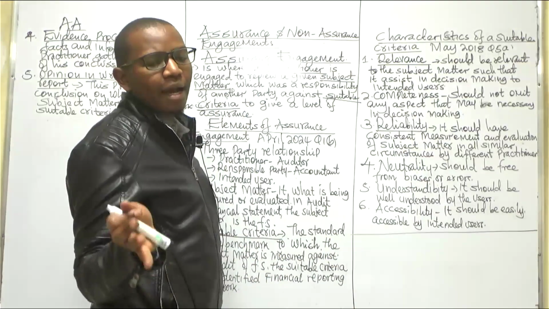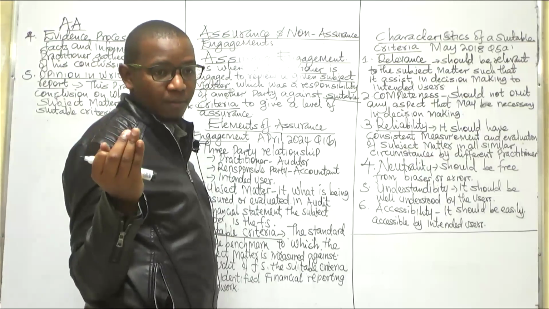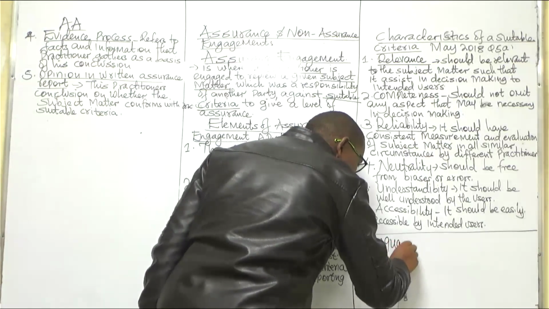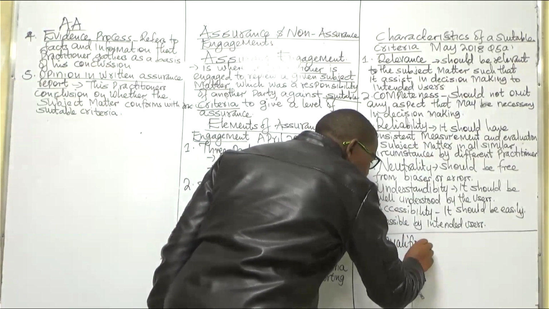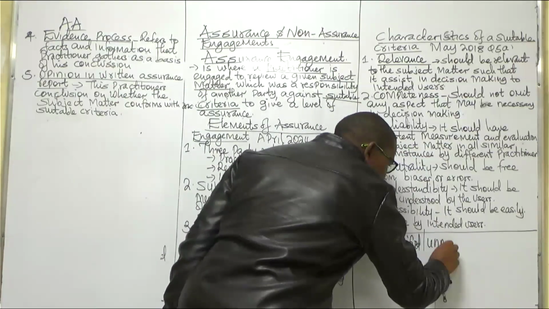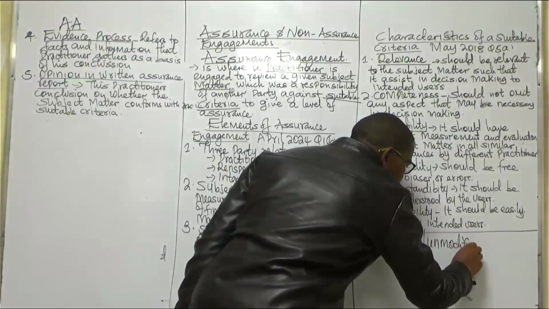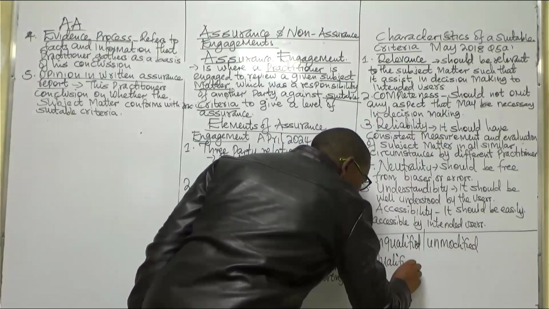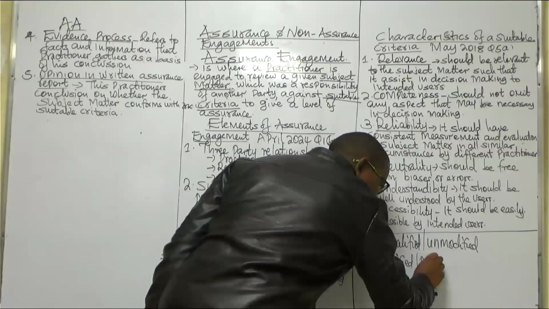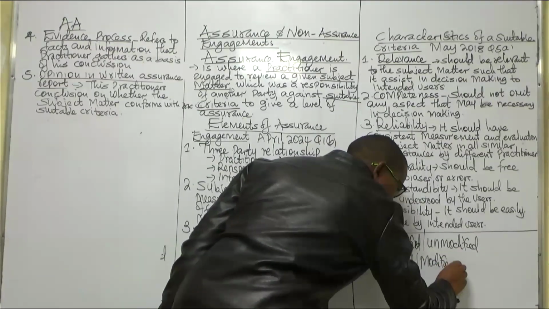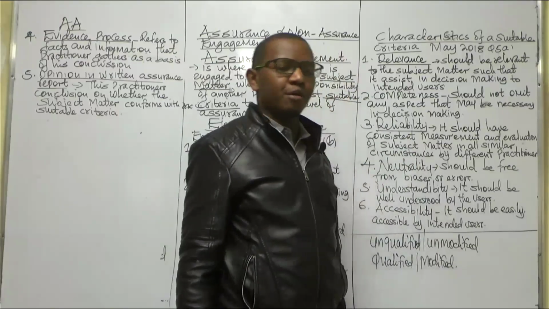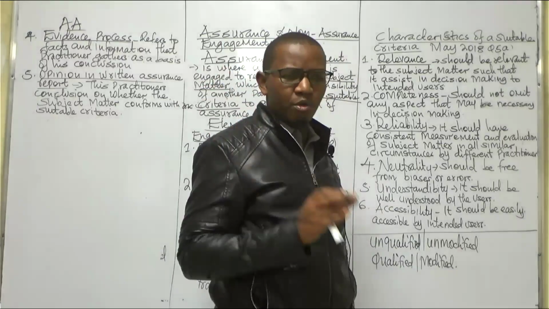So an auditor can express 2 types of opinion. There is what we call the unqualified opinion, or the unmodified. And there is also the qualified or modified audit opinion. Now, when we talk about the unqualified audit opinion, this is a favorable opinion.